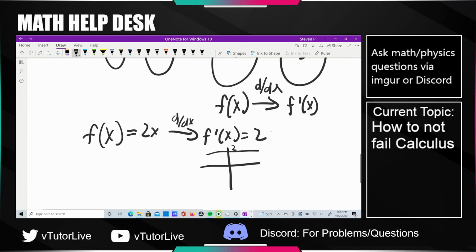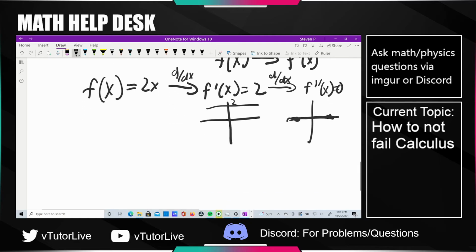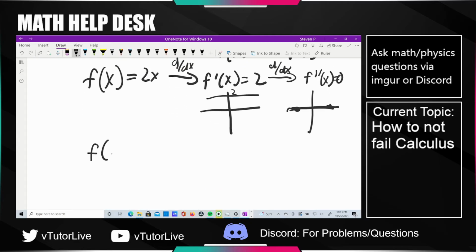And a constant function is not to be confused with a number, because a constant function you can totally take the derivative of, which is just going to be 0. And the 0 itself is also a constant function. But we run into this issue here where if we try to evaluate it first and plug in x is equal to 1, we get f of 1 is equal to 2.